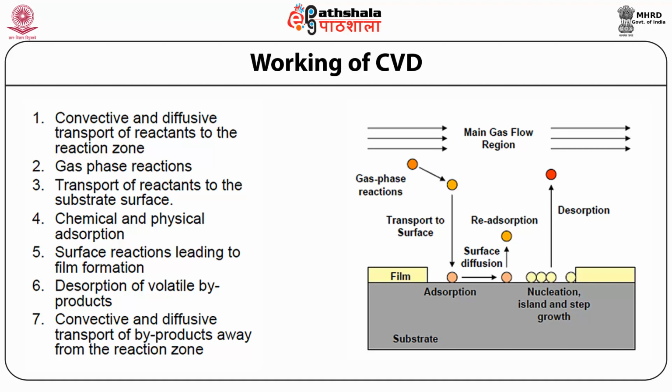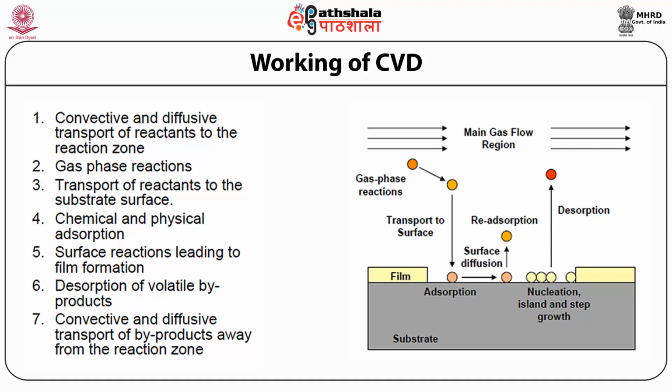In the next phase chemical and physical adsorption takes place, followed by surface reactions leading to film formation, and there can also be diffusion taking place. After this chemical reaction there is desorption of the volatile products, and they are just pumped out, with convective and diffusive transport of byproducts away from the reaction zone.